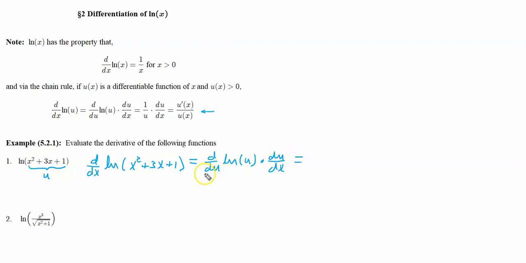And that is just going to be, with this term being 1 over u, and this term is going to be 2x plus 3, and we end up with our derivative. Now I went through the chain rule here.